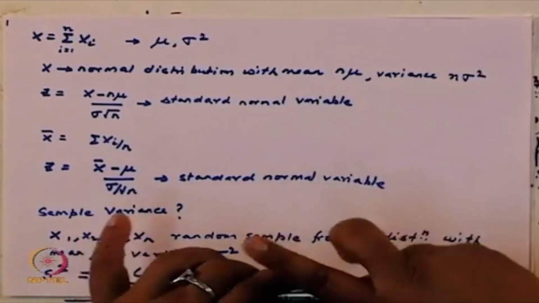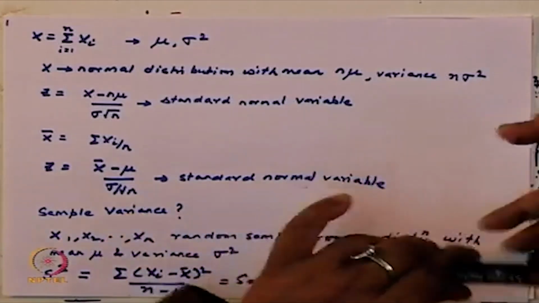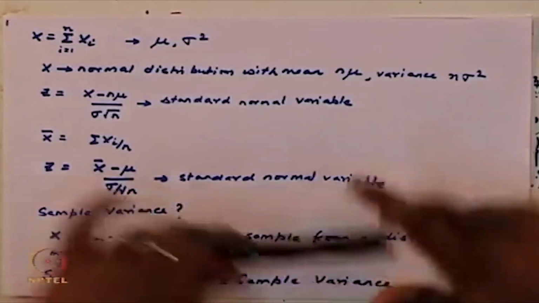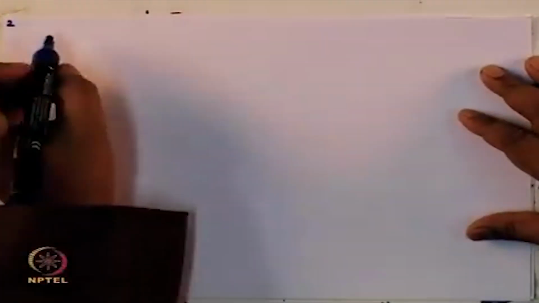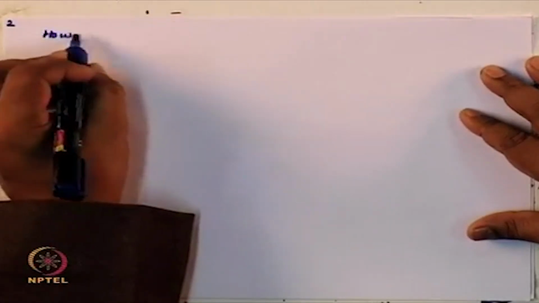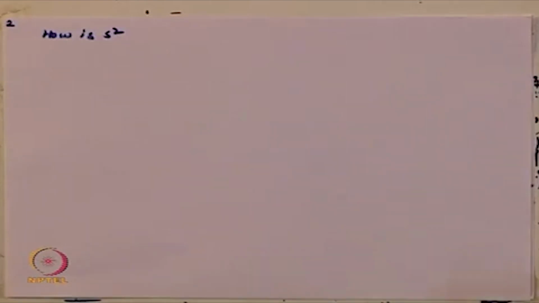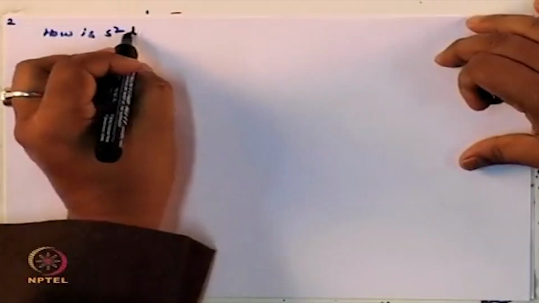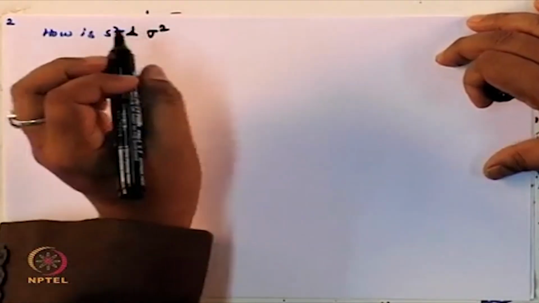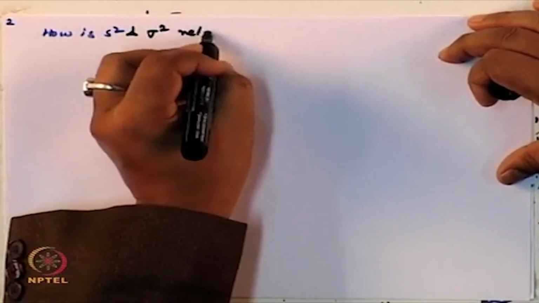So how can I say anything about the link between the sample variance and the population variance? Essentially the question is, how are S square and sigma square, the population variance, related?